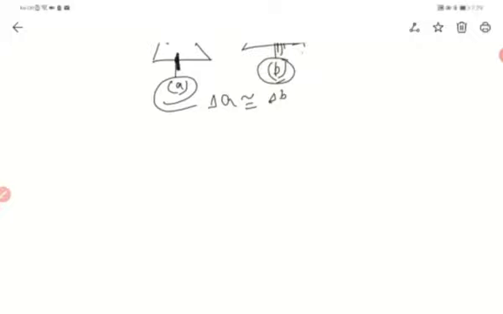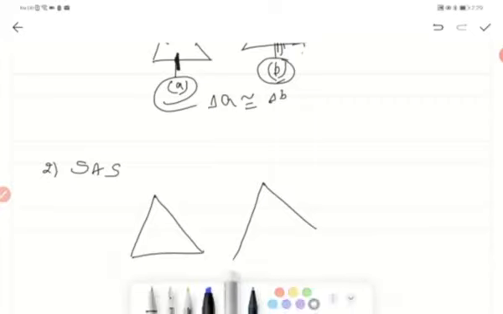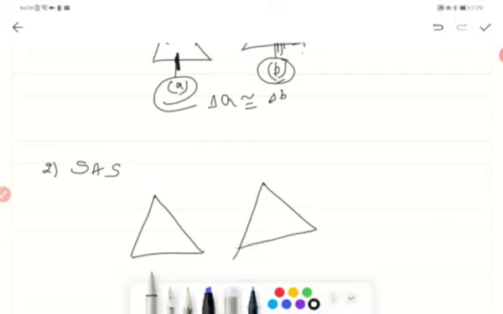It is side, angle, side. This means that you have two triangles, something like this. In this, you will have two sides. This is one triangle and this is the other one.